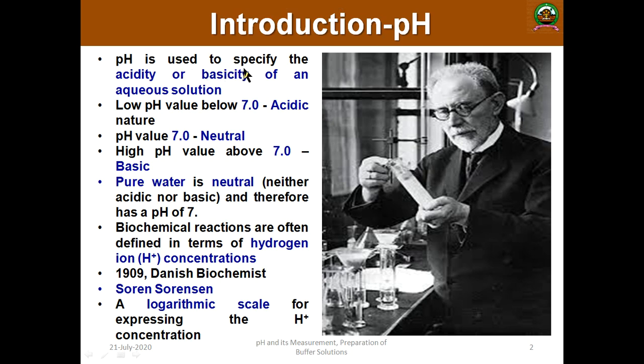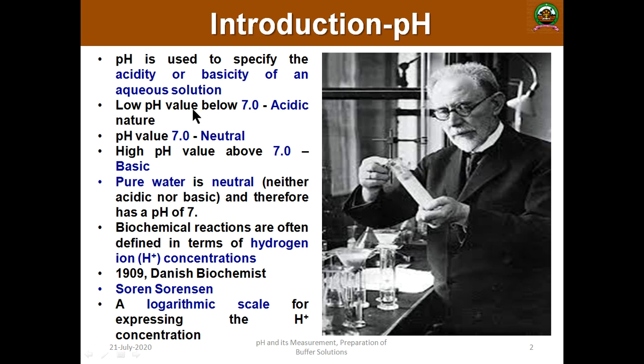So pH is generally used to specify the acidic or alkaline or basic condition of an aqueous solution. So pH neutral means 7. If the pH value is 7, we can call it neutral.